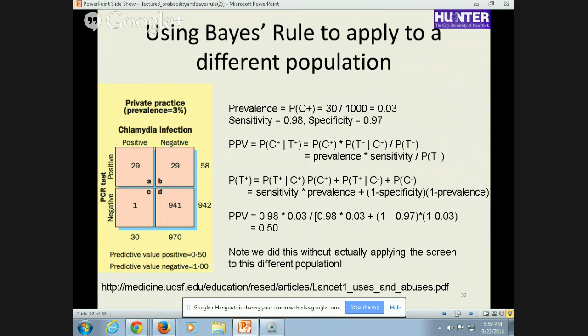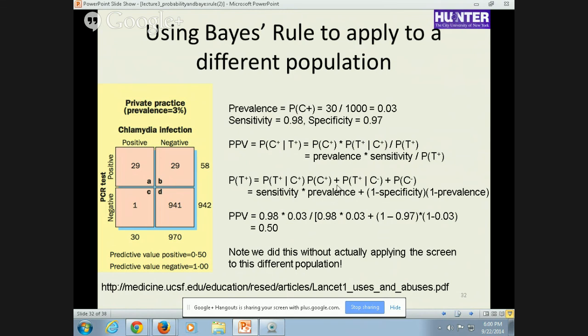Here are the equations that you would use to calculate them. For the PPV calculation, let's take the numbers from before, the 30% prevalence, and apply them to the 3% prevalence case.